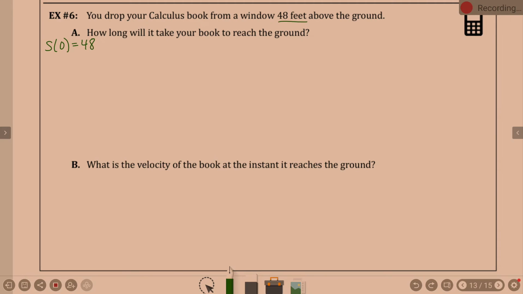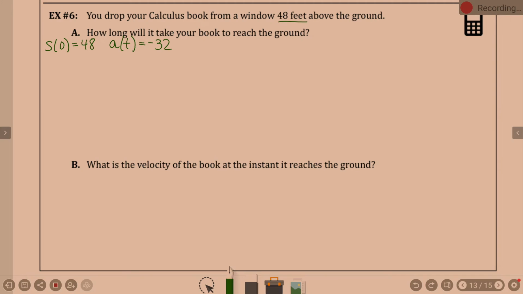We're talking 32. Because we're talking about the gravity force, acceleration is negative 32. You don't use that one much in physics, but you will see it pop up in calculus.